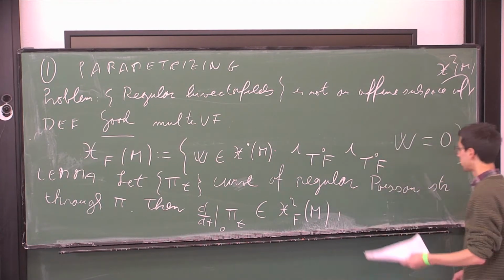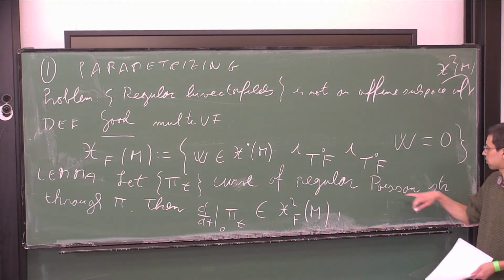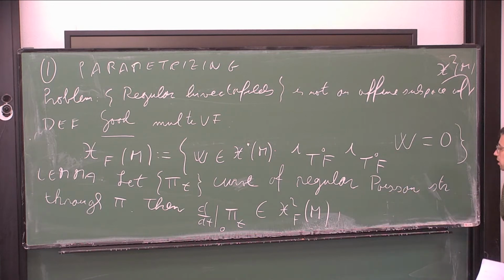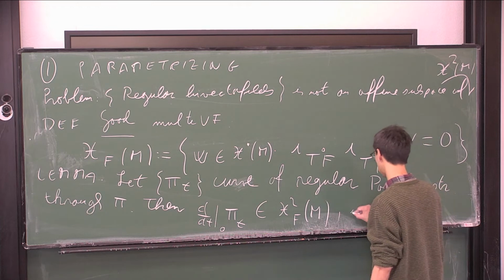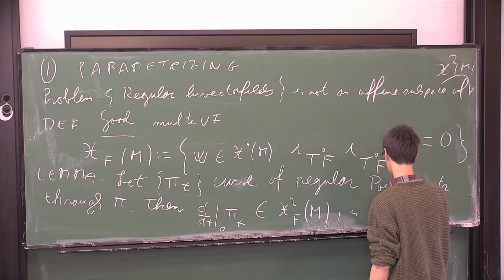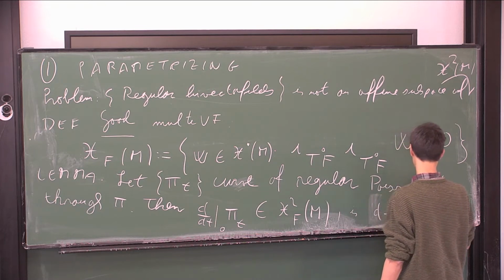And that would be true if I said bivector field instead of Poisson structure. Now the Poisson condition adds something, but it is very well known, namely the fact that the velocity is closed with respect to the Poisson differential.